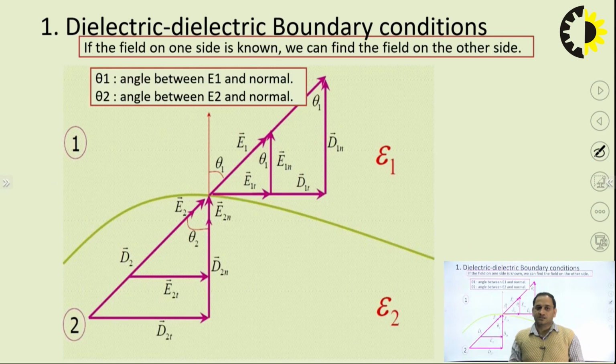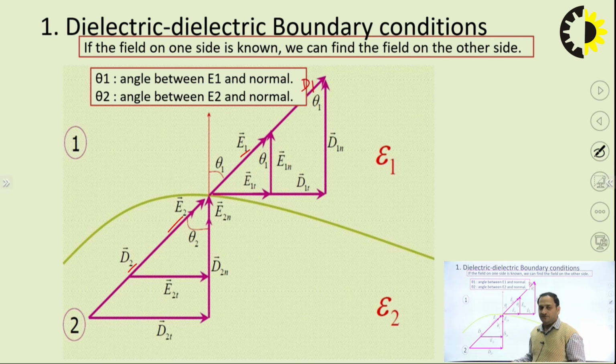Now this is the third part of the first general case. The first one is the tangential component, the second is the normal component, and the third is the law of refraction. For that we are taking this diagram, combining both the cases of D and E. Here D2 and E2 are in the same direction, and E1 and D1 are in the same direction.